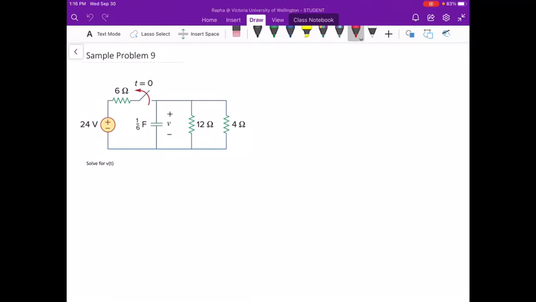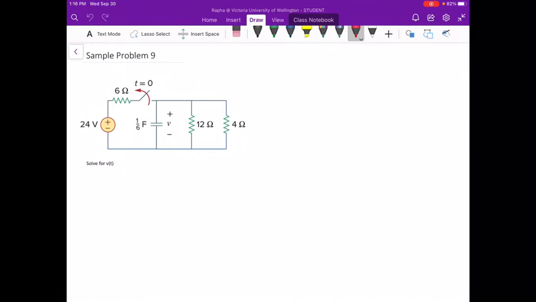Before proceeding to the source-free aspect, the capacitor or the network still needs to be charged. So at the moments before the switch is opened at t equal to 0, the entire circuit is connected to the source in order for the capacitor to store a charge.